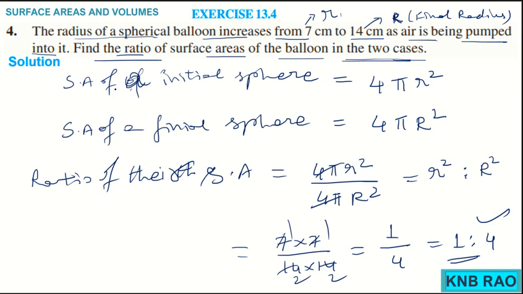Rather than finding surface area of initial sphere, surface area of final sphere and finding their ratio, that takes lot of time. So you can straight away simplify by taking the formula itself, this ratio. Okay, this is how we can solve it. Now moving on to the question number 5.